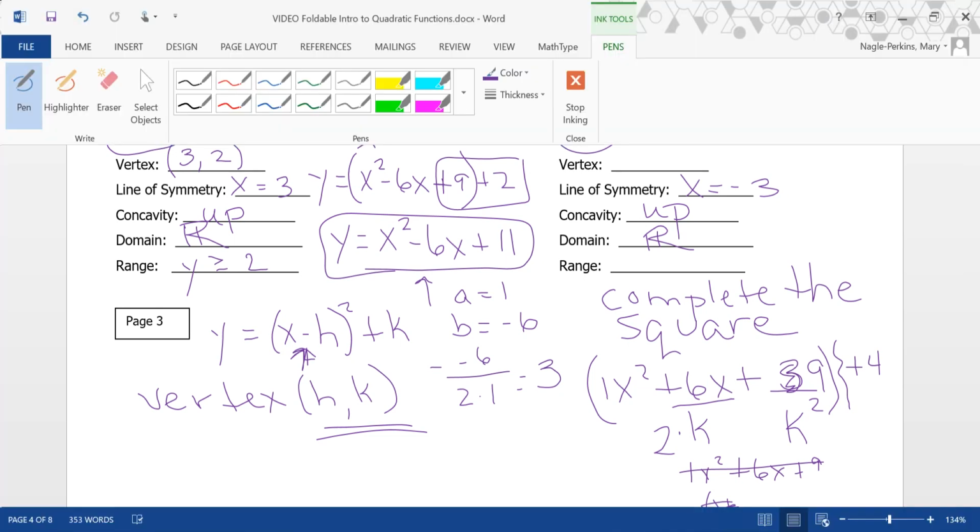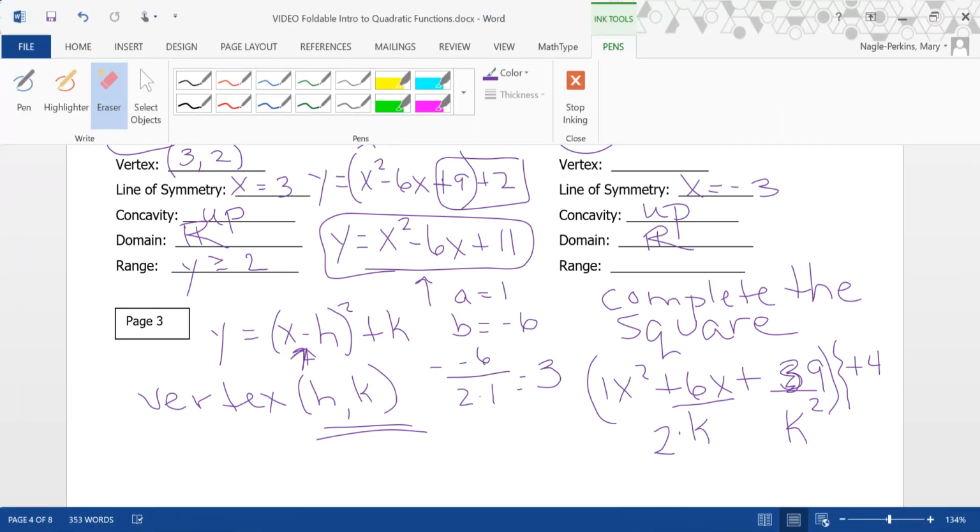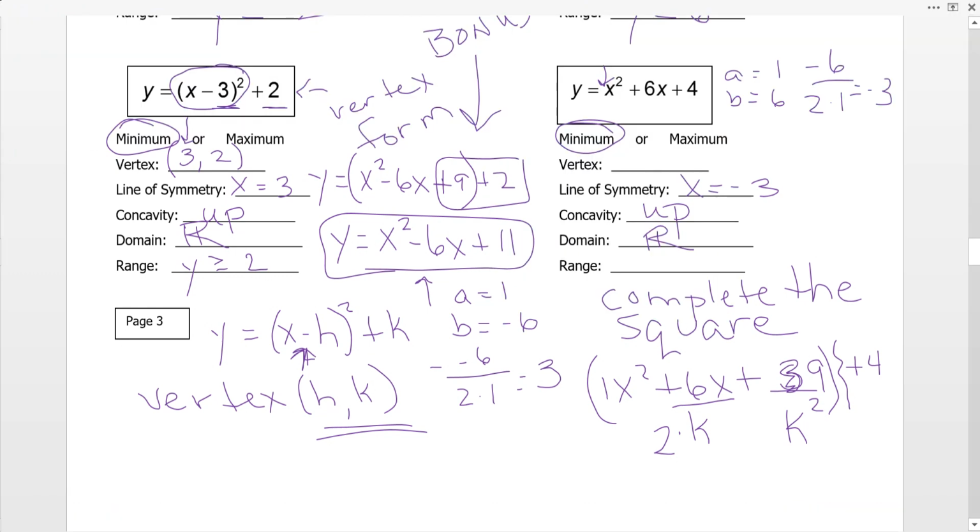Okay, deep breath. I'm worried about running out of room. Okay. So what I'm writing is x plus k, and k in this case is 3, squared plus 4.